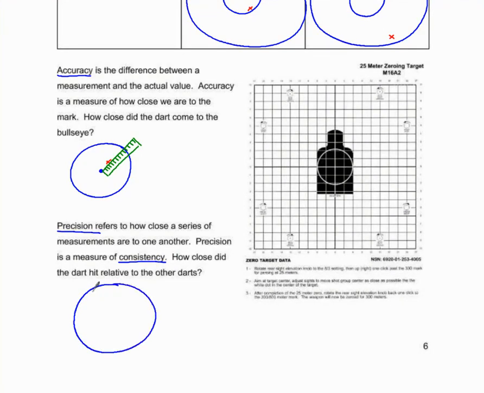So we're not necessarily concerned with the exact bullseye. We want to know how close these are together. And so if you want to know precision, you could come here with a ruler and maybe measure these, how far apart are they, and get an idea of the precision.